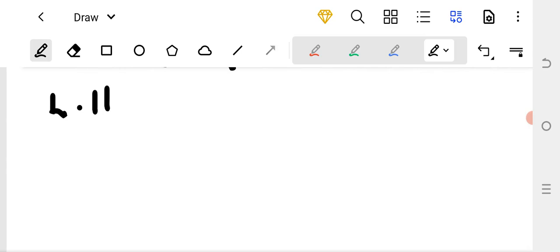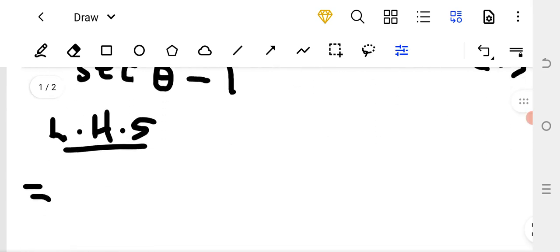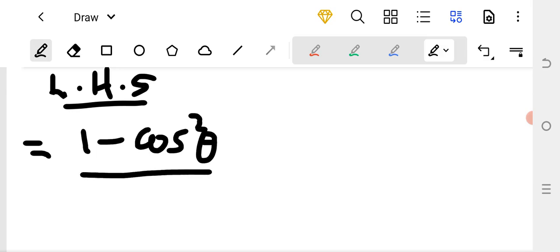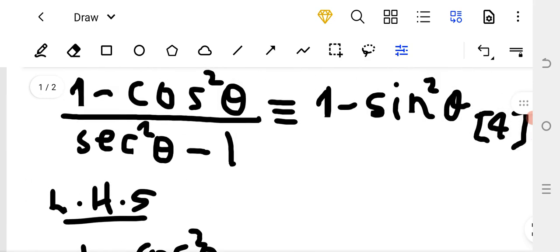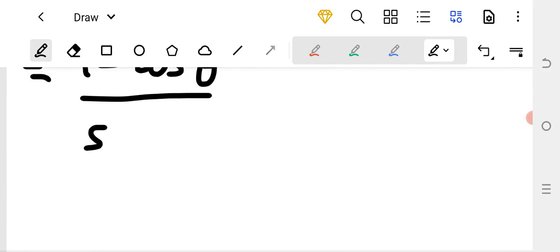Left hand side, we underline, then we'll say is equal to 1 minus cos theta squared divided by sec theta squared minus 1.